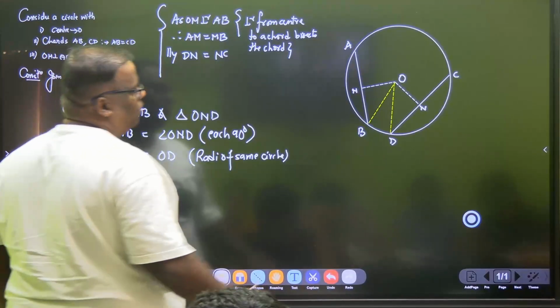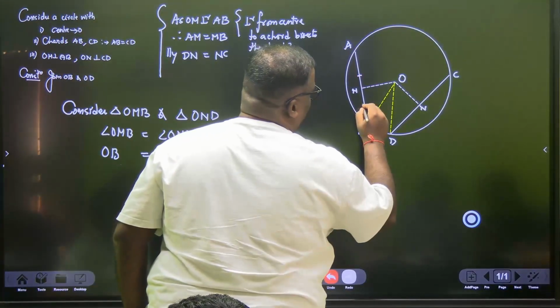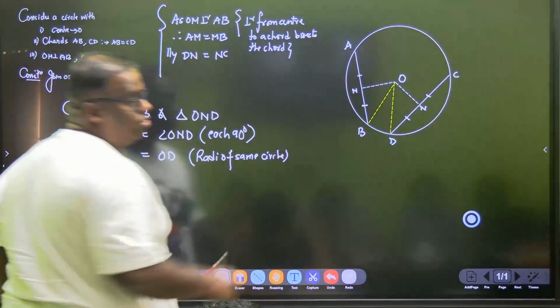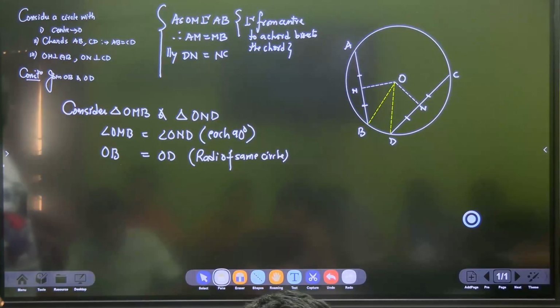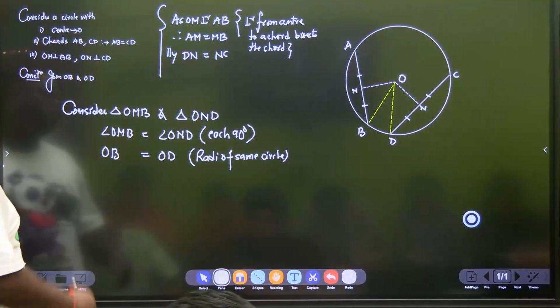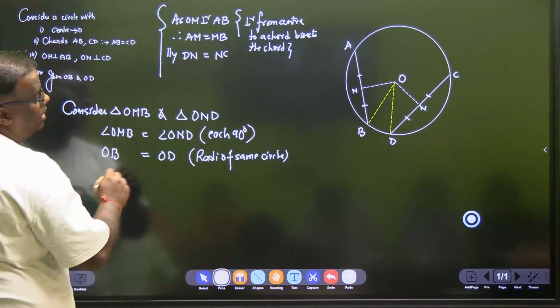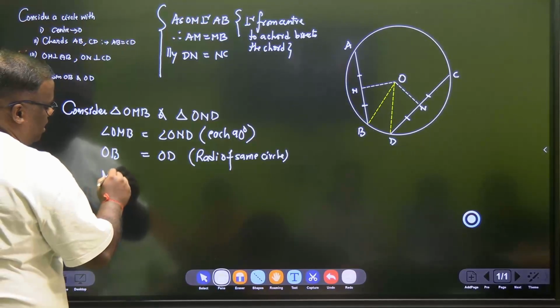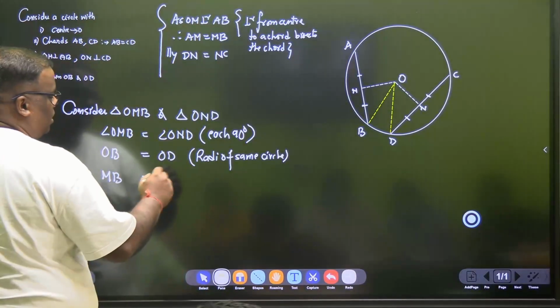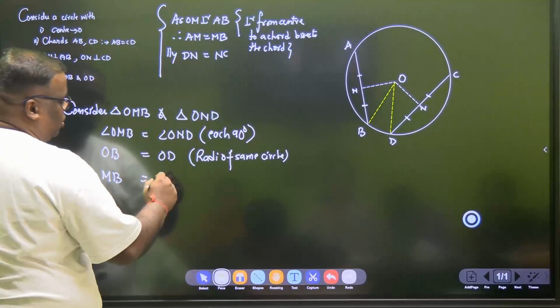So we have this now equal to this, and I'm putting the same mark out here because the chords are also equal. So if the chords are equal, half of the chords are also equal. All right? So I can now write MB is equal to ND.